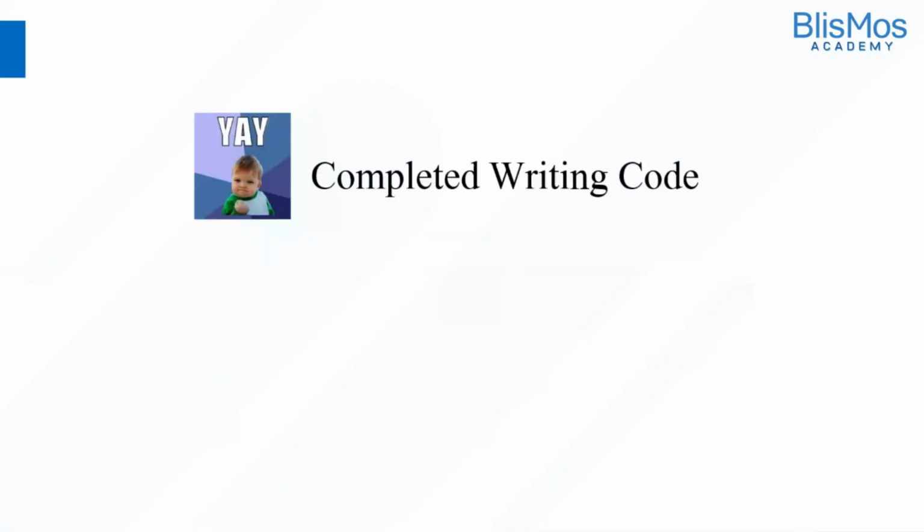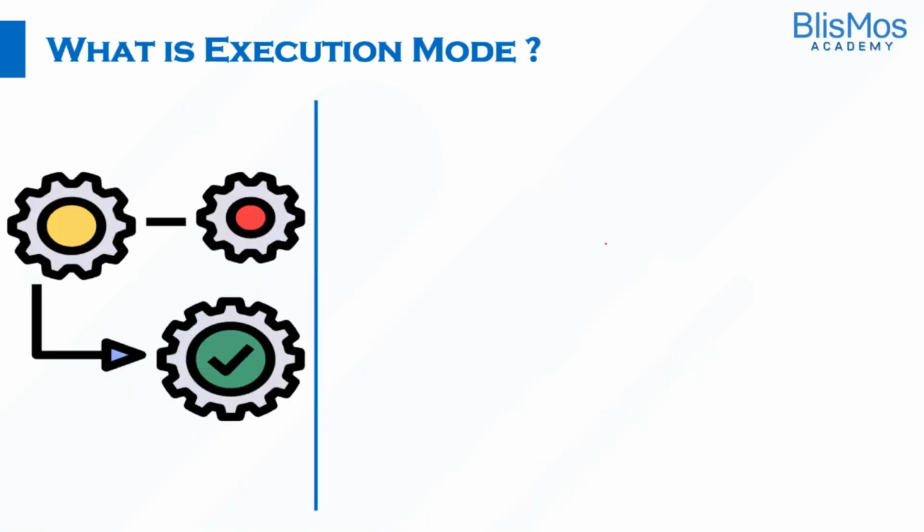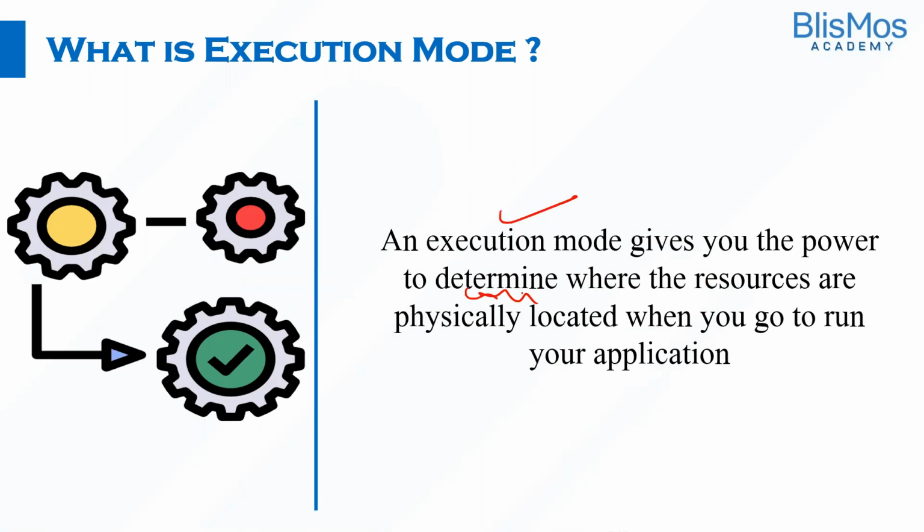After completing the writing of your code, one of the important choices you have to make is choosing an execution mode. What is execution mode? Execution mode determines where the resources are physically located when you go to run your application.